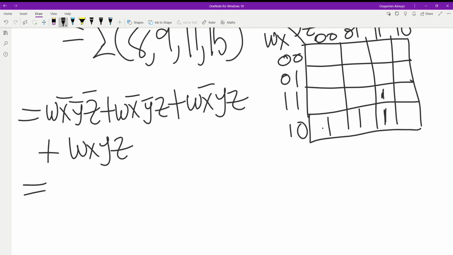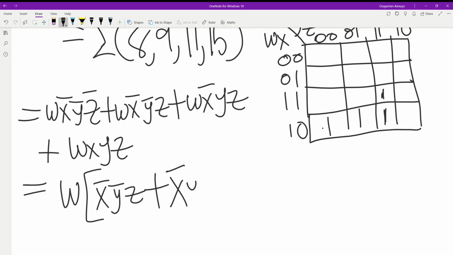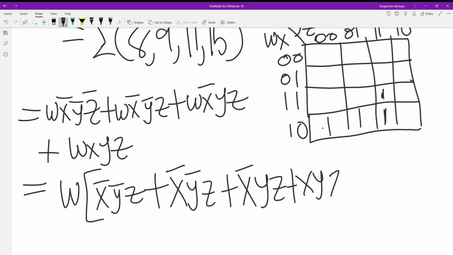Now notice how you can factor out a w here. And it kind of looks like we've made this problem even more complicated. You're probably asking, what is he doing? Why overcomplicate the problem?